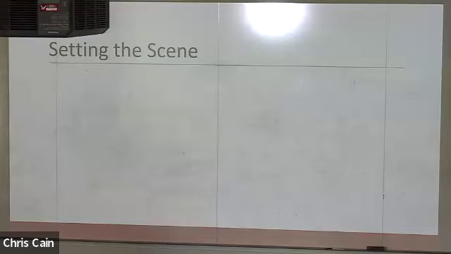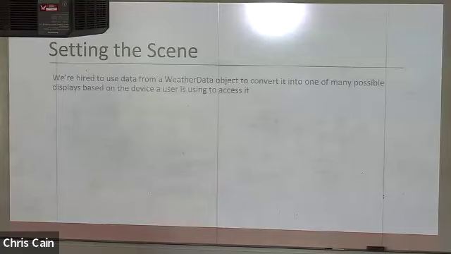So we're gonna set the scene here. Your task is, we're hired to use data from some kind of object that collects weather data, and we want to convert it into some number of user interface displays based on the device that the user is using.